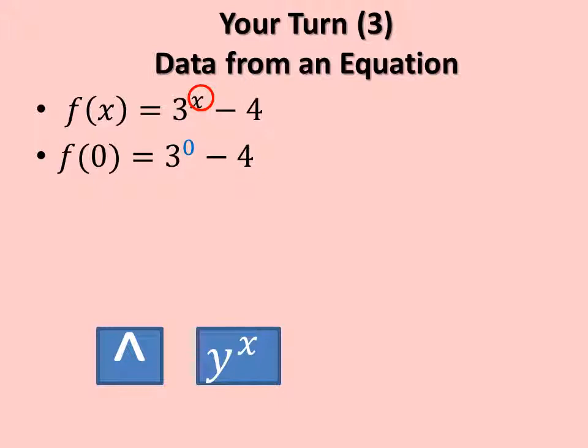What did you get? Write it on your paper. Write subtract 4. Now again, we're going to enter that number we got when we raised 3 to the 0 power, and we're going to subtract 4. That should give you your y value. You can write it in the function table down below. And now we're done with problem number 3.